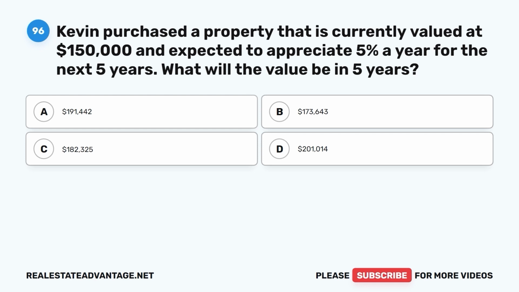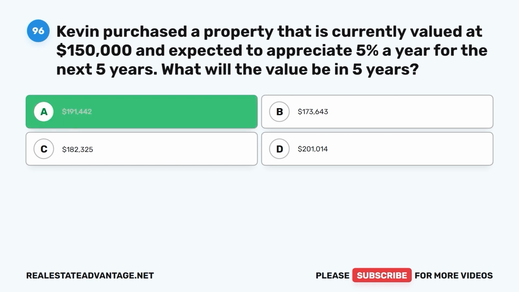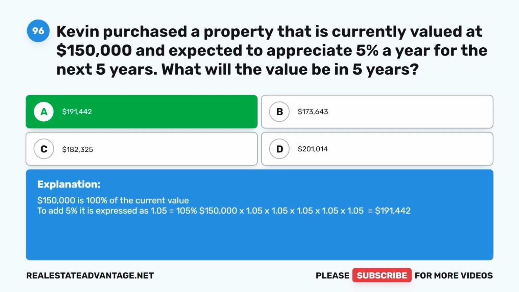Question 96. Kevin purchased a property that is currently valued at $150,000 and expected to appreciate 5% a year for the next 5 years. What will the value be in 5 years? A. $191,442. B. $173,643. C. $182,325. D. $201,014. The correct answer is A. $191,442. $150,000 is 100% of the current value.